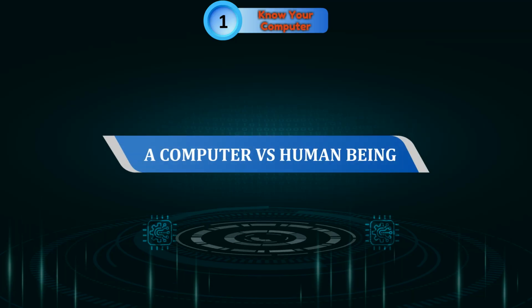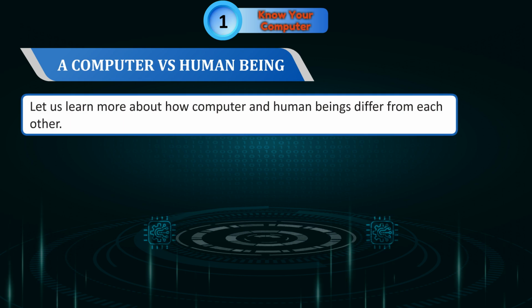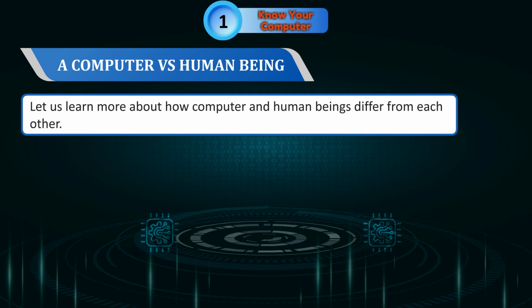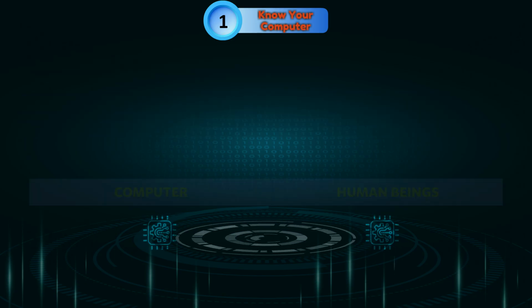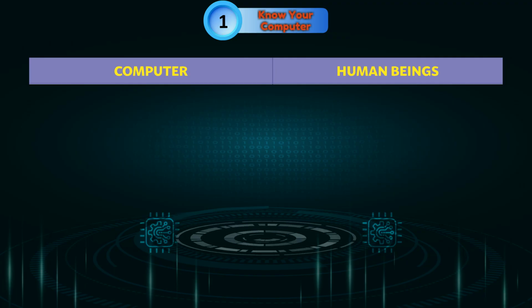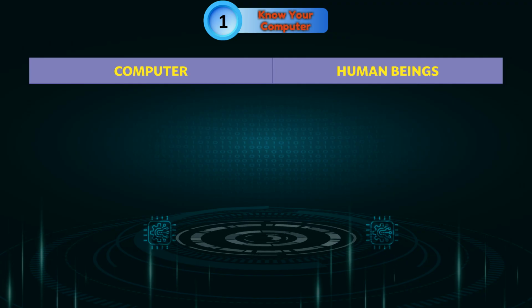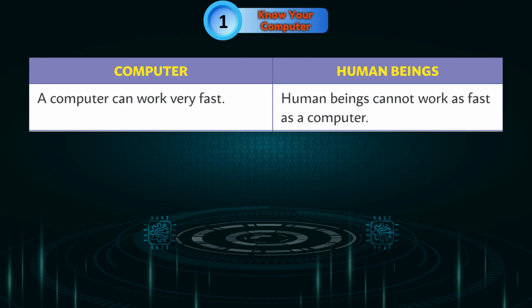A computer versus human being. Let us learn more about how computer and human beings differ from each other. Computer. Human being. A computer can work very fast.